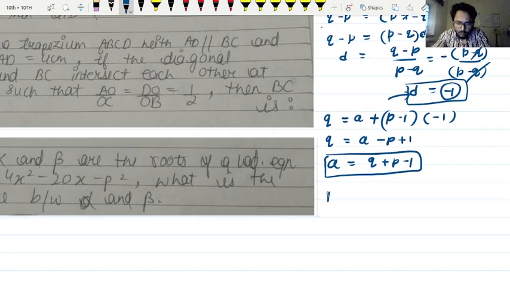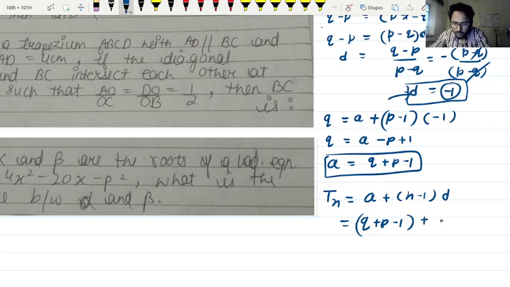Now we can find out the nth term. The nth term is a plus (n minus 1) into d. So put the value of a and d in this equation. A equals q plus p minus 1, and in the place of d we can put minus 1, because we have the value of d equals minus 1.